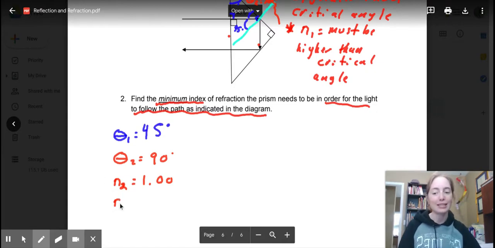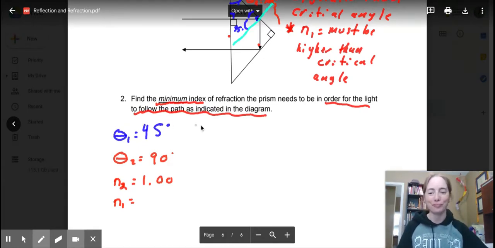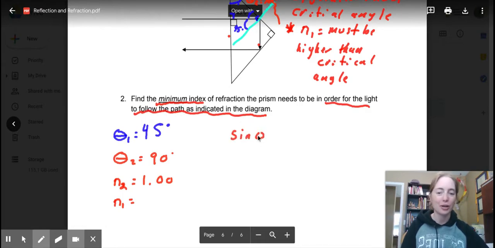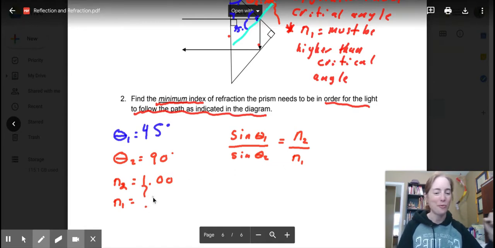And we need to calculate our N1. So what would N1 be if this was our critical angle scenario? Well, you're going to go back to your beautiful data sheet, and we know that sine theta 1 divided by sine theta 2 is equal to N2 divided by N1. And we now need to find our value for N1.